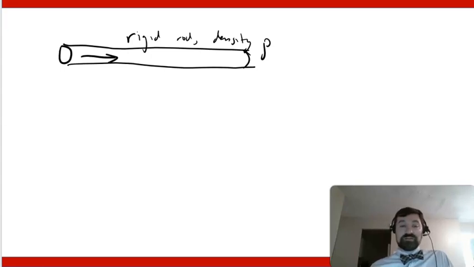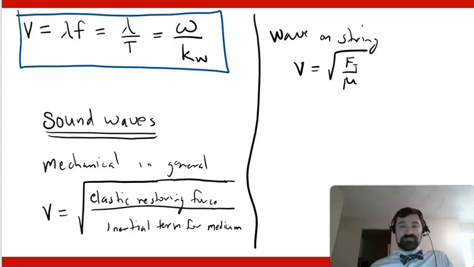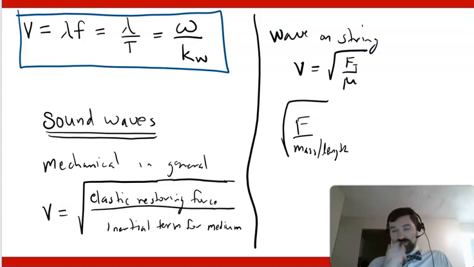And then the restoring force term, looking at these units, this is force divided by mass per length. And so dimensional analysis wise, you're looking at force over mass over length, and then you're taking a square root.